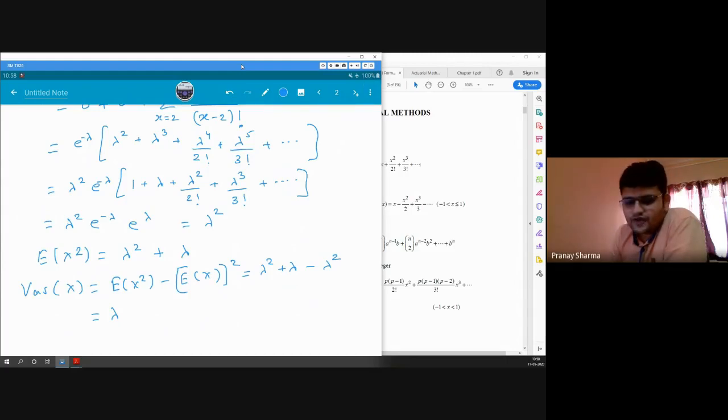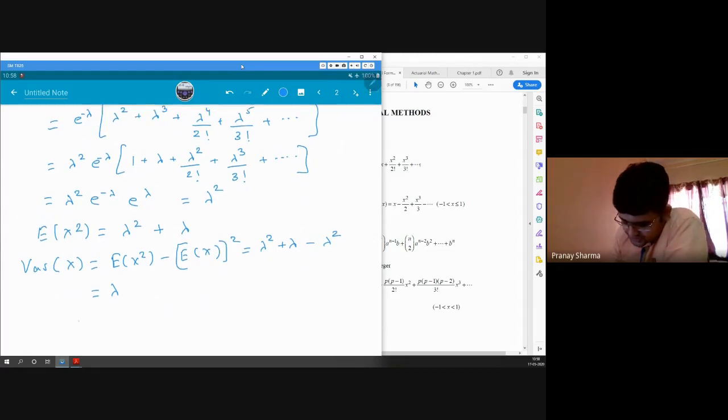So we said for large values of n, binomial distribution converts into Poisson distribution, right? So binomial n theta converts into Poisson lambda, such that lambda is equal to n theta.